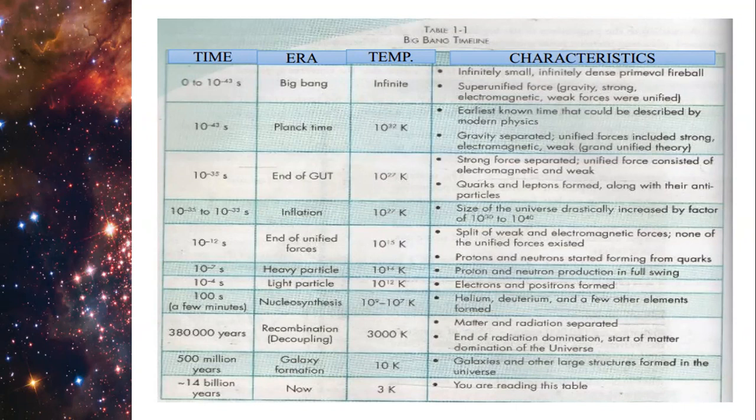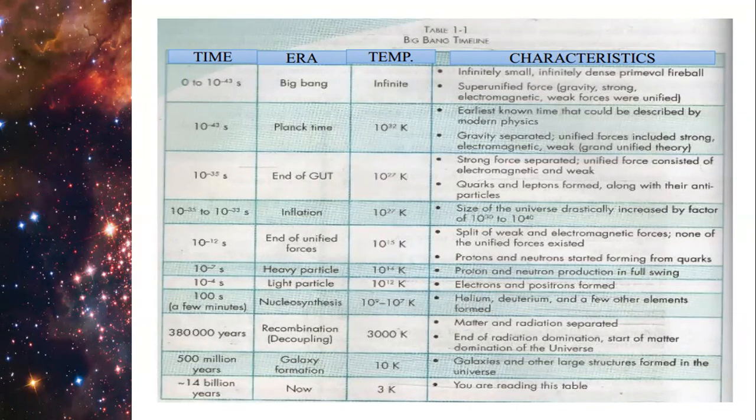In Planck time era, that is 10 raised to the negative 43 seconds later, the temperature dropped to 10 raised to 32 Kelvin. Further, gravity was separated, leaving unified forces, which includes the strong force, electromagnetic force, and the weak force.